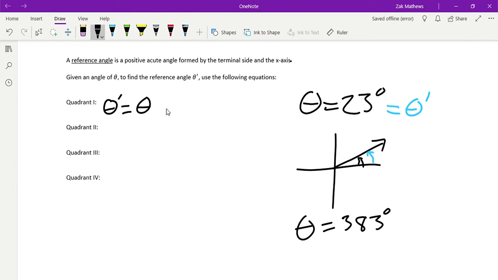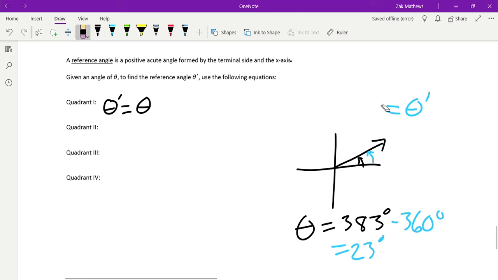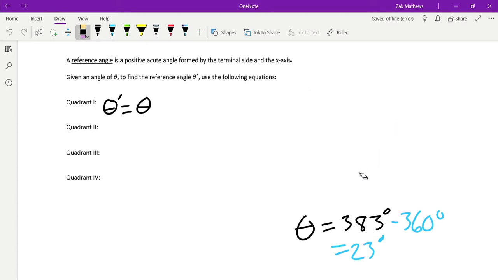It has to start as a positive. So if we saw something like the 383, the first thing I would do is say, hey, I need that to be within a single rotation. I'm going to subtract 360, and then we get that reference angle right away. So we do want to make sure that we are starting with an angle that is between 0 and 360 when we use these formulas. Otherwise, we have to apply our ideas of coterminal angles.